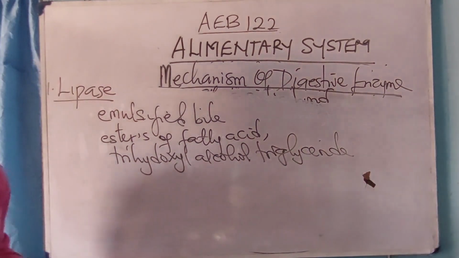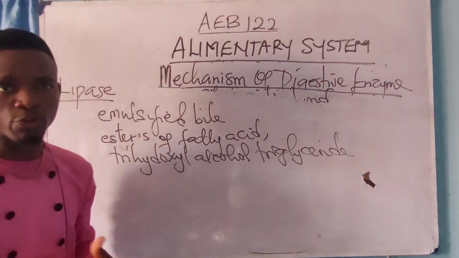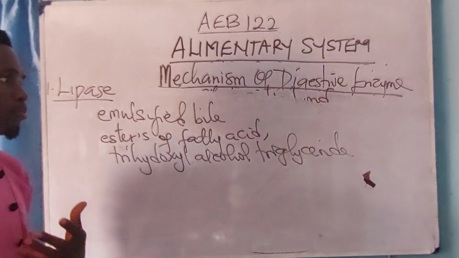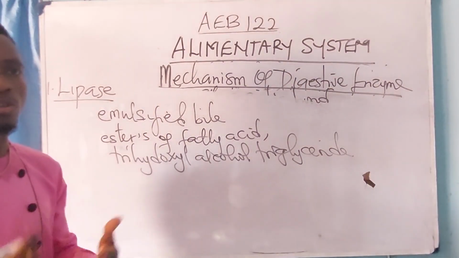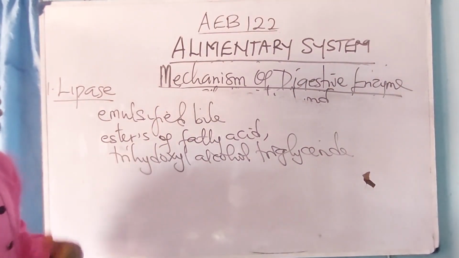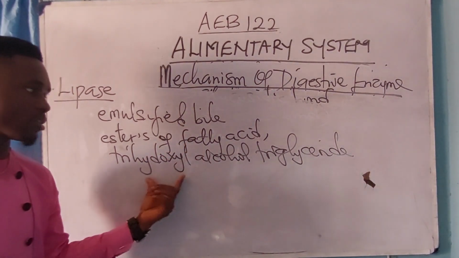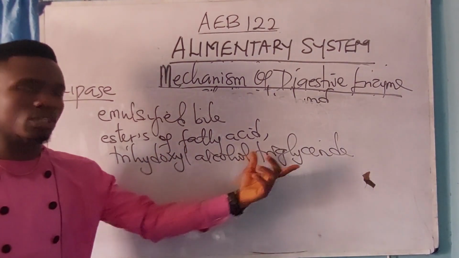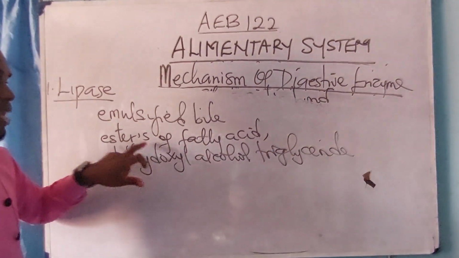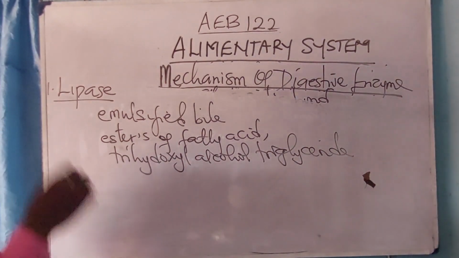Most fats that animals use to stimulate growth or development are from fatty acid and trihydroxy alcohol, triglyceride, the type of esters.